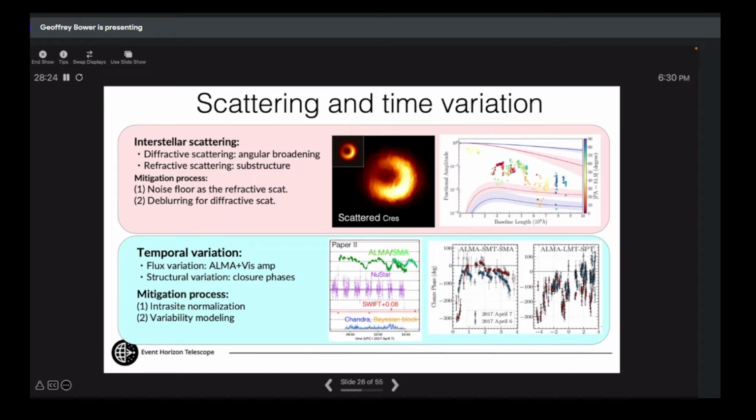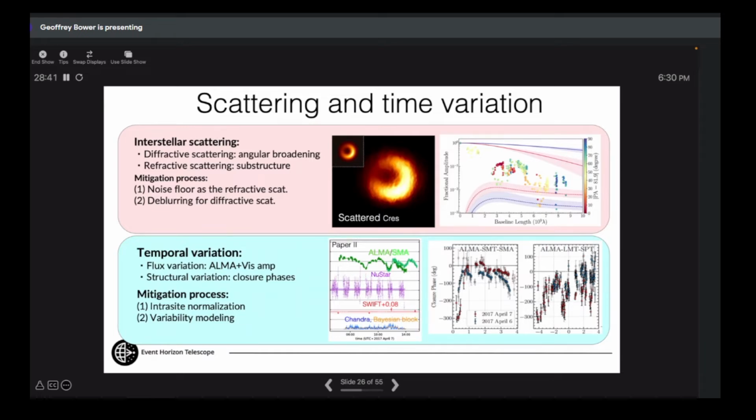Temporal variations, on the other hand, are real. You can see the light curve of Sag A* during these observations, oscillating along here.